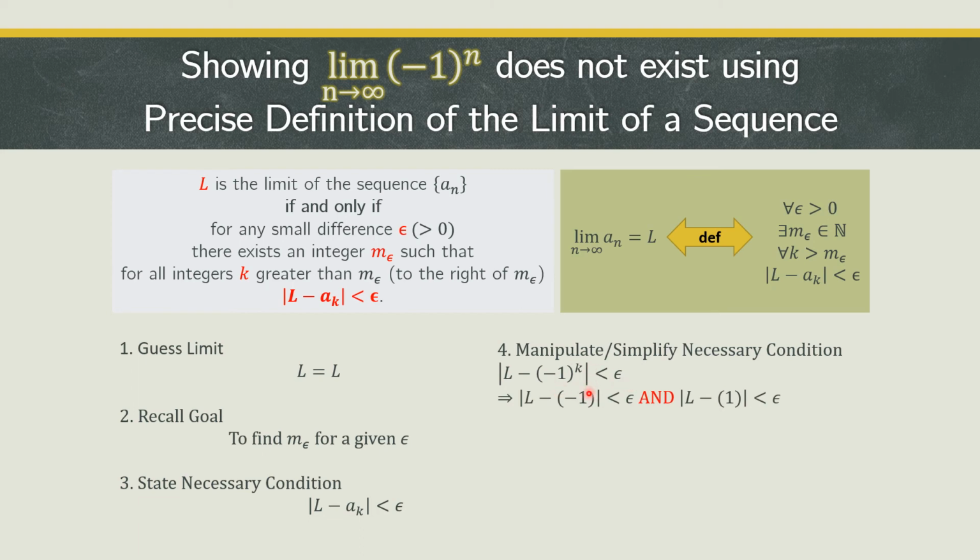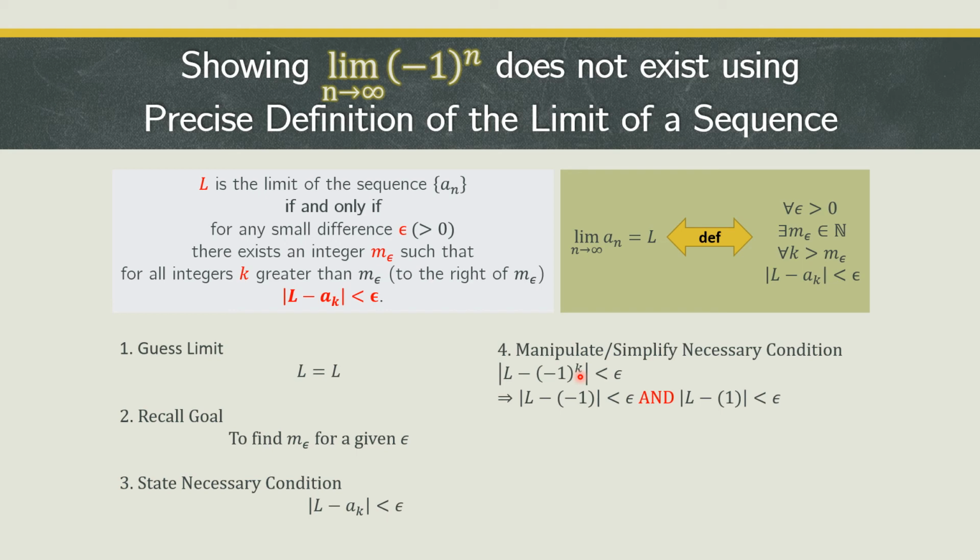And what that means is that these two inequalities must be true. L minus negative 1 must be less than epsilon, and L minus positive 1 must be less than epsilon. That's because k here alternates between odd and even for any value of k greater than m sub epsilon.